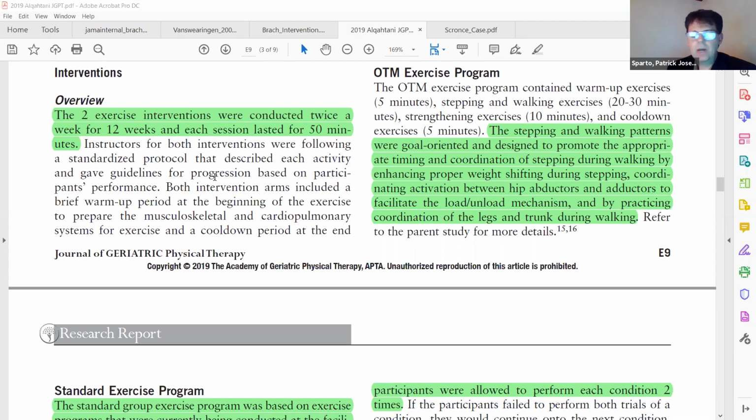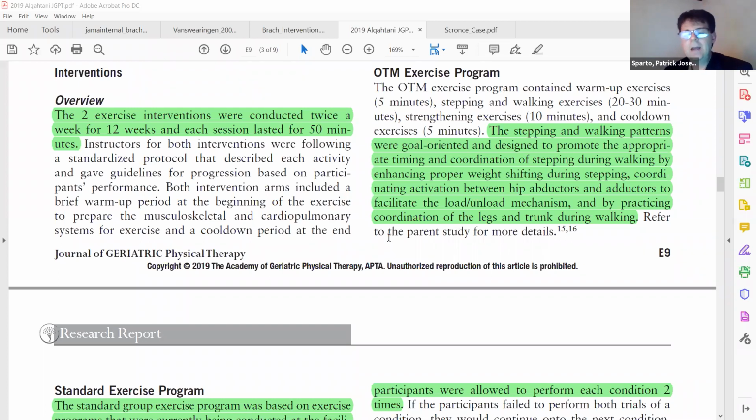And these were led by trained instructors who had a training manual. And while each participant did these exercises, they were able to be progressed on an individual basis based on different levels of activity that were indicated in the treatment manual.